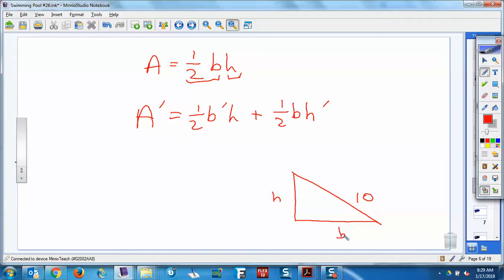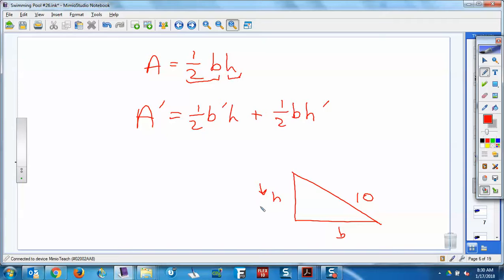Is the area increasing? So this was decreasing, right?